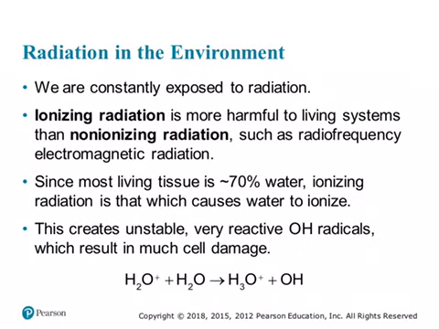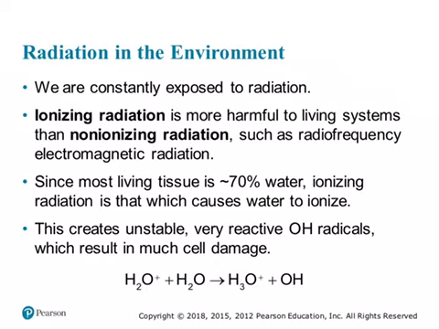We are constantly exposed, whether we know it or not, to radiation in the environment. Ionizing radiation is more harmful to living systems than non-ionizing radiation, such as radio frequency and electromagnetic radiation. Most living organisms are greater than 70% water. Ionizing radiation is what causes water to ionize.